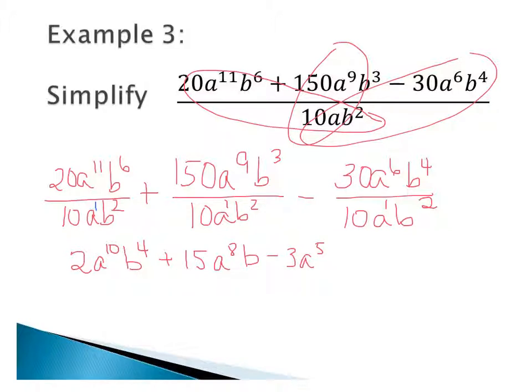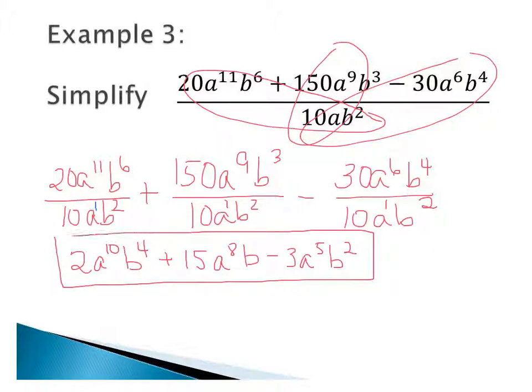And then b to the 4th over b to the 2nd is b squared. So here our final answer is 2a to the 10th b to the 4th, plus 15a to the 8th b, minus 3a to the 5th b squared. Now again, remember, this process only works if there is one term in the denominator.